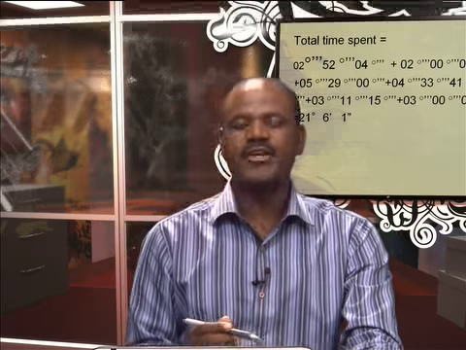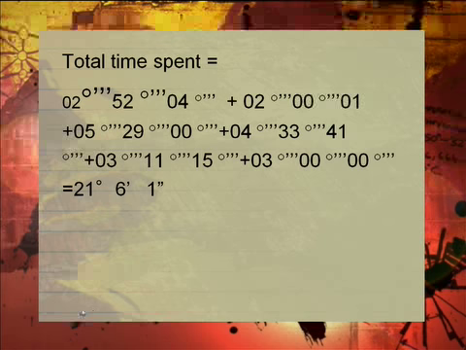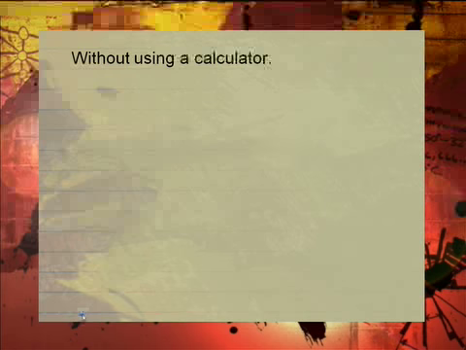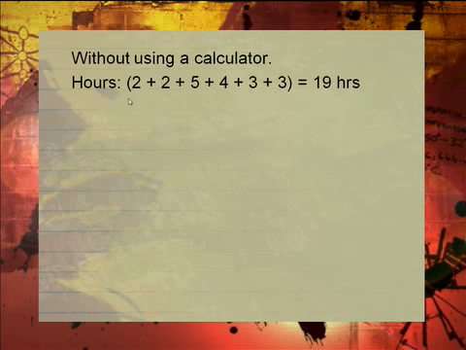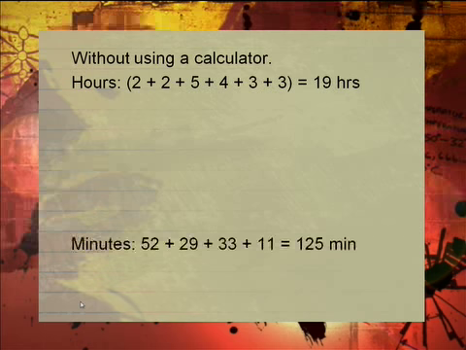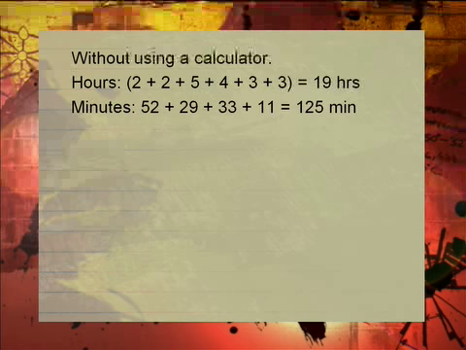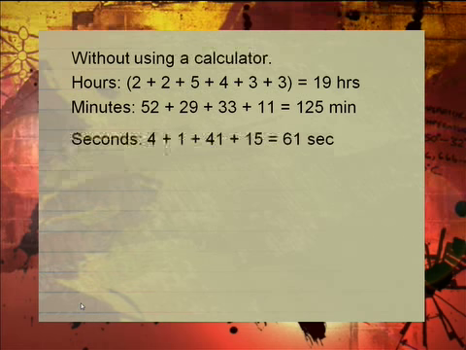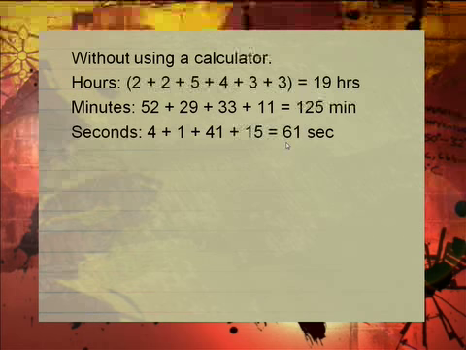Anyway, let's look at when you don't use a calculator. Just manually. Without using a calculator, I'm collecting all my hours together, they make 19 hours. I'm collecting my minutes together, they make 125 minutes. And then I'm collecting all my seconds, they make 61. So out of 125 minutes, already I can get 2 hours.